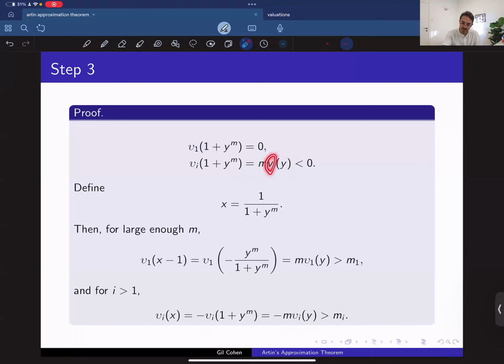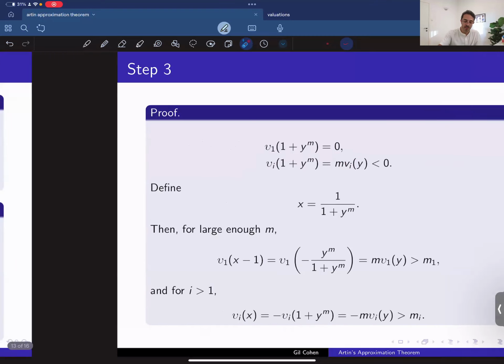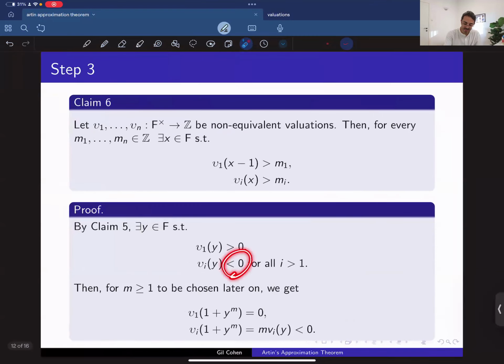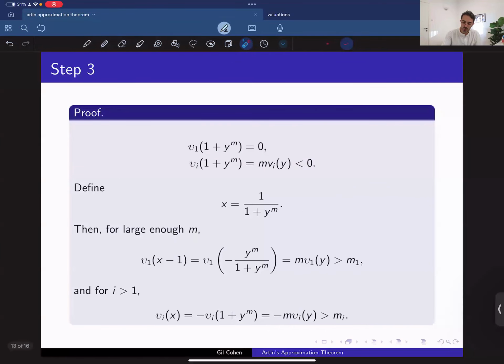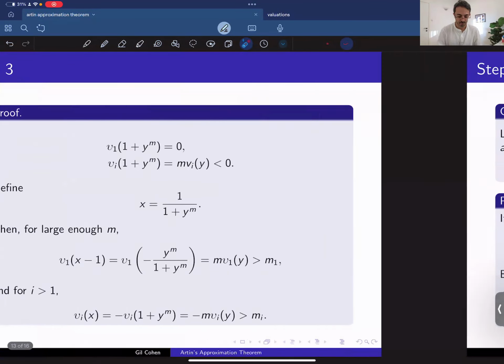You see I have the wrong v here, it should be the full v. And again, because vi of y is negative for every i not equal to 1, this is a negative number, so you can choose m large enough so that this is strictly a very positive number, as positive as you would like, in particular going over the mi valuation bound that you require, and that proves the claim.